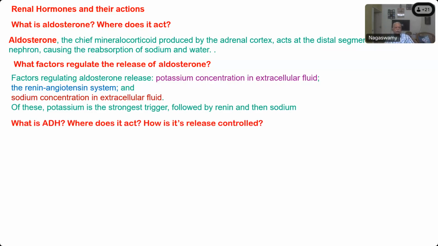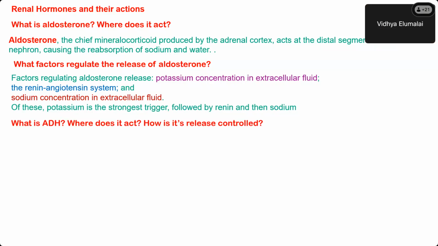What is ADH? Where does it act and how is its release controlled? Antidiuretic hormone is released by the posterior pituitary. Very good. Posterior pituitary directly, or is it formed elsewhere and then brought to the posterior pituitary? It is formed in the hypothalamus and stored in the posterior part of the pituitary, sir.